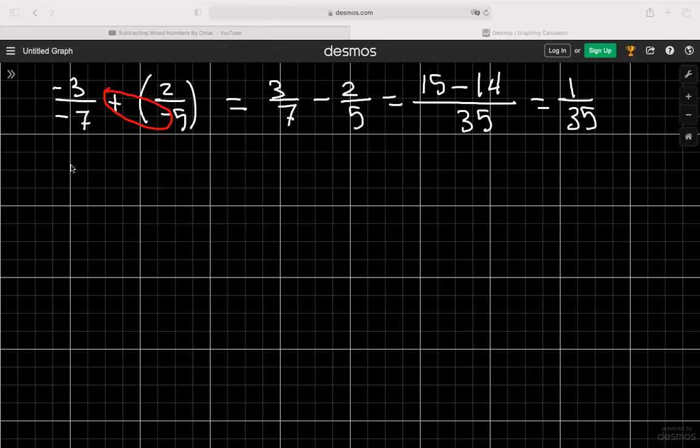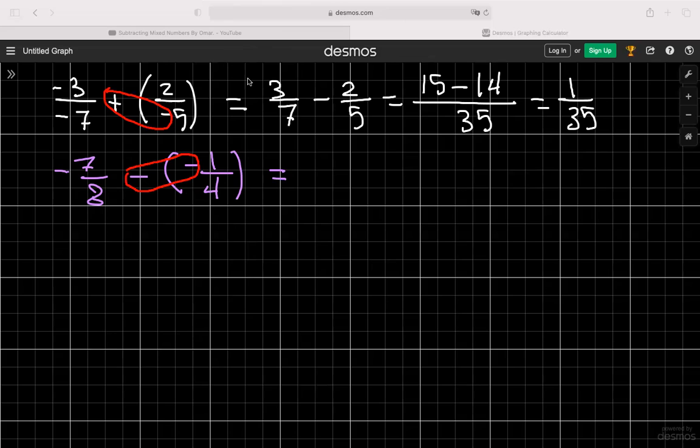We have -7 over 8 minus -1/4. So again, we've got to simplify this before we start adding and subtracting fractions. And as I mentioned here, the only thing we could do is we have two signs besides one another.